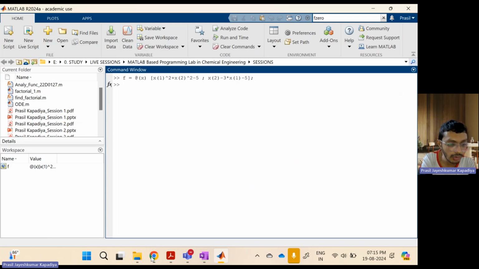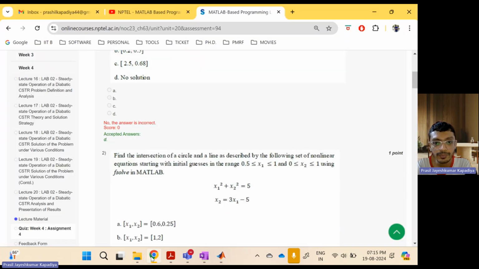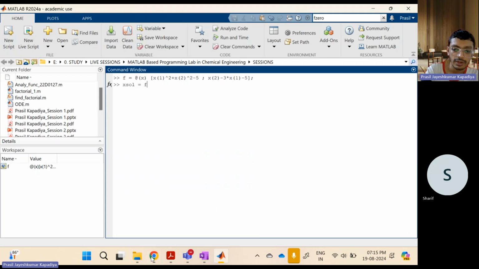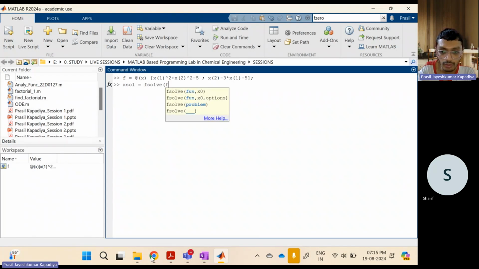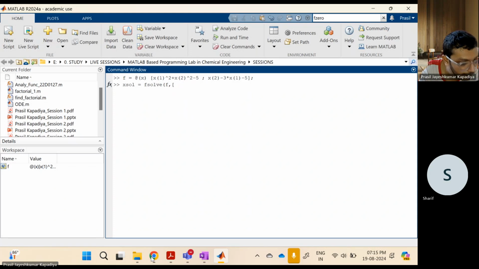Now I want to find a solution. So let's say x solve is equal to using fsolve of f comma, I need to write down my initial guess. So what is my initial guess?